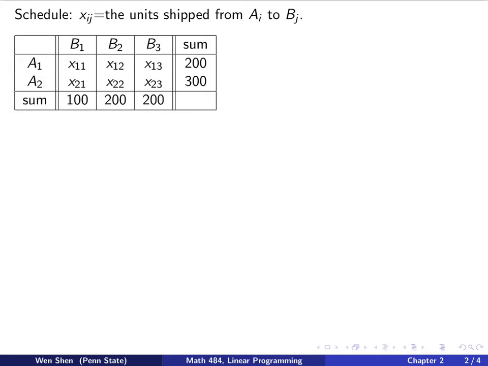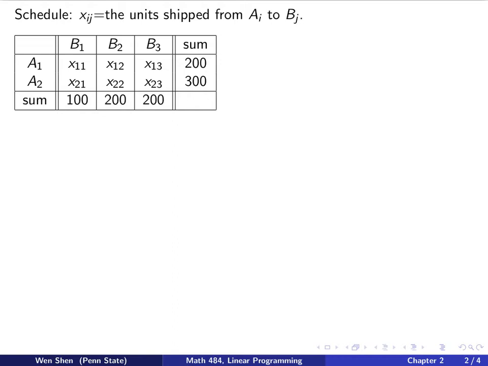Okay, now let's look at setting up a mathematical model. We need to define variables to represent the schedule. So we call variables x with the index i, j. That is the units that I will ship from Ai going to Bj. Okay, how many units will I ship there?